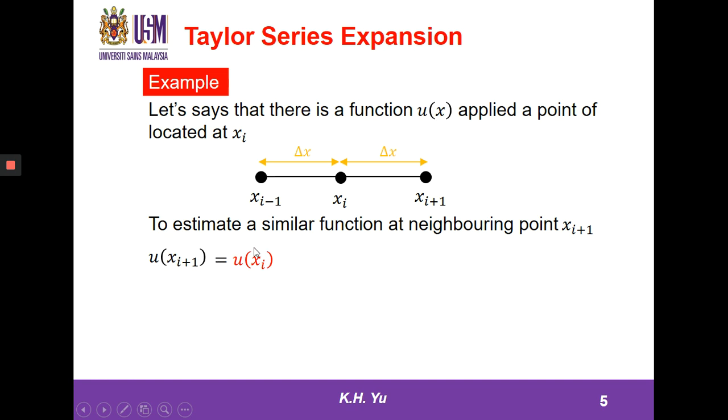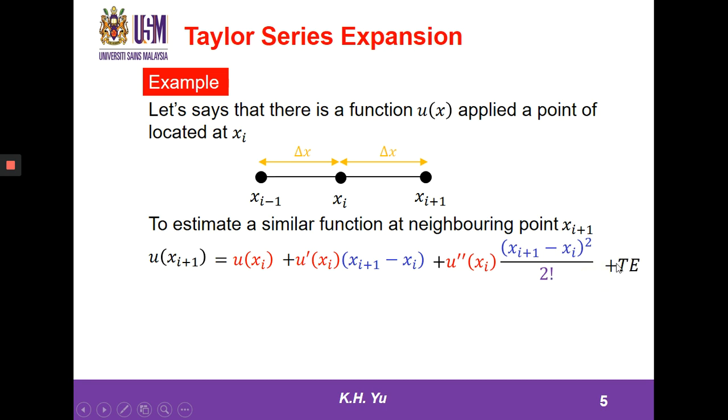This one is for the first term, that is n equals 0. So u at xi, plus n equals 1, so this one becomes the first order derivative, multiplied with (xi plus 1 minus xi). This one is your third term, so n equals 2, and this one becomes the second order derivative, with (xi plus 1 minus xi) to the power of 2 over 2 factorial.